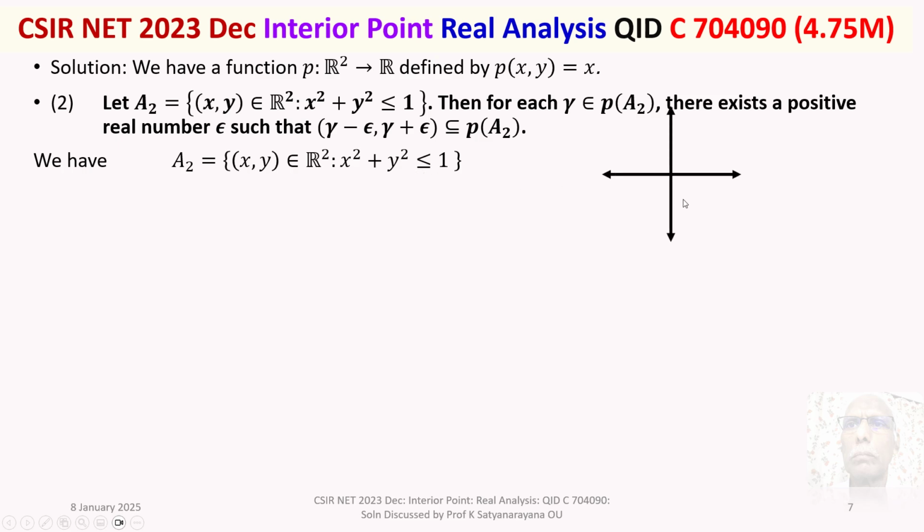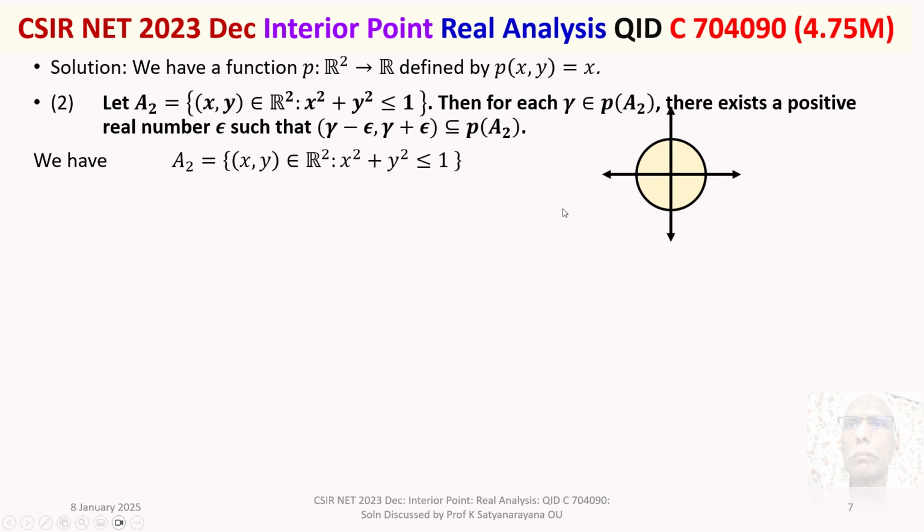On the x-axis, y-axis, it is the circle x square plus y square equal to 1, and all ordered pairs x comma y belongs to R square such that x square plus y square is less than or equal to 1 means all points that lie inside and on this unit disk.